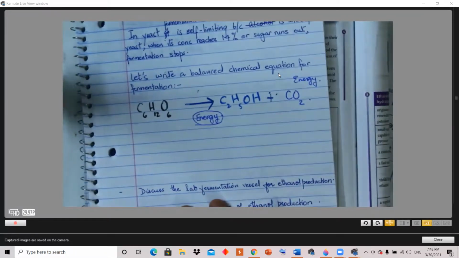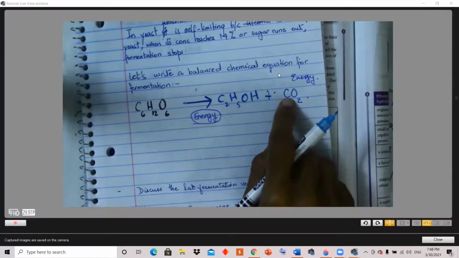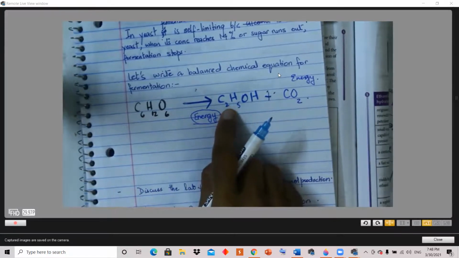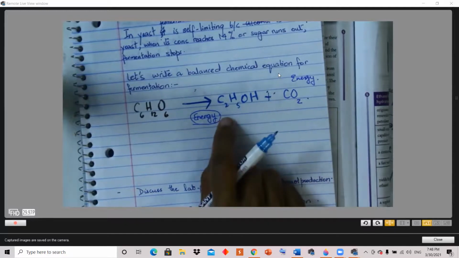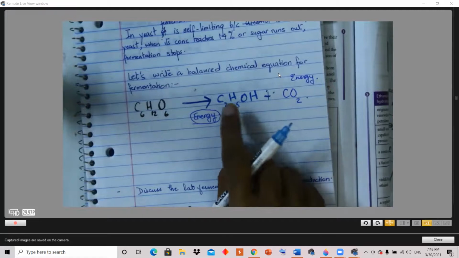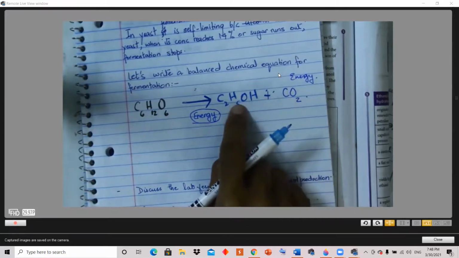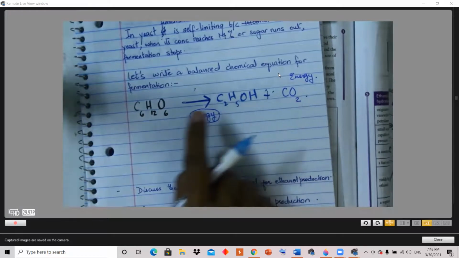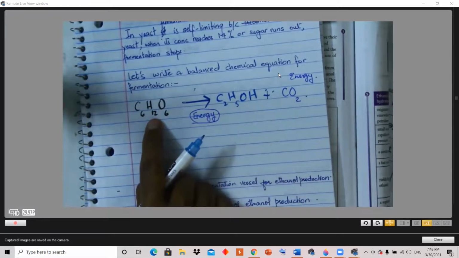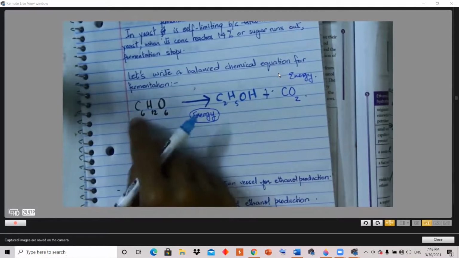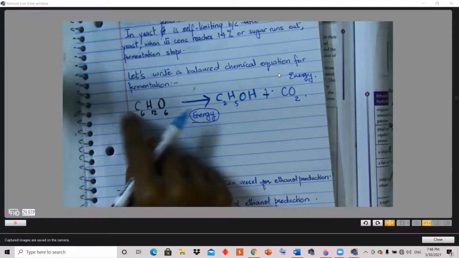Are we balanced? 1, 2, 3. No. Now the thing is to choose an atom which is only in one product. Carbon is in both of them, oxygen is in both of them, hydrogen is only here because I have only one reactant. So whatever number I change, all three will change.